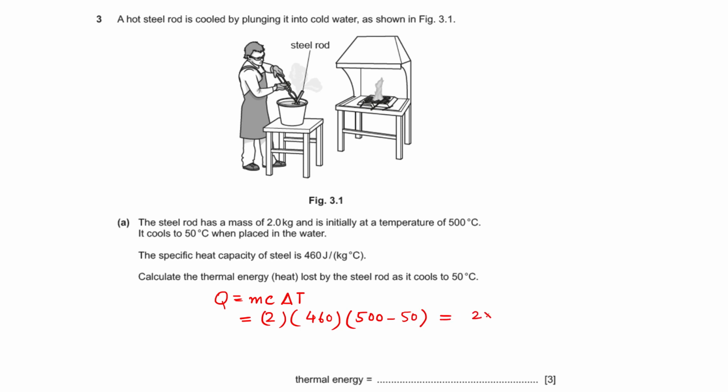So this is 2 multiplied by 460 multiplied by 450. So the overall value will be 414000 joules, and we can also write it as 414 kilojoules. So thermal energy 414 kilojoules. Remember, do not forget to write the units. Units are very important, else you will lose marks.